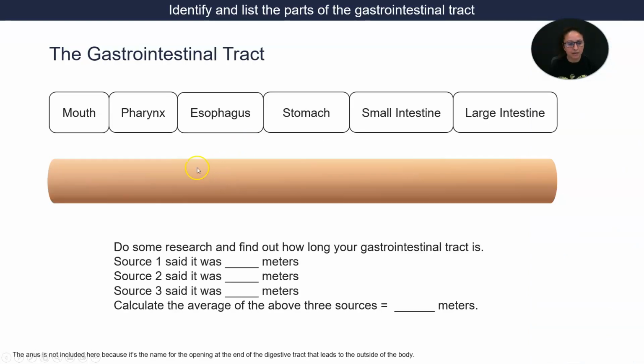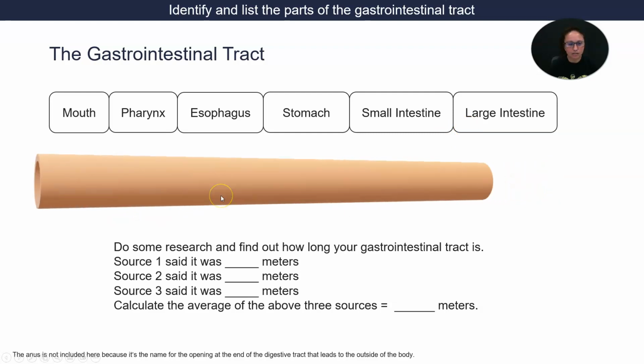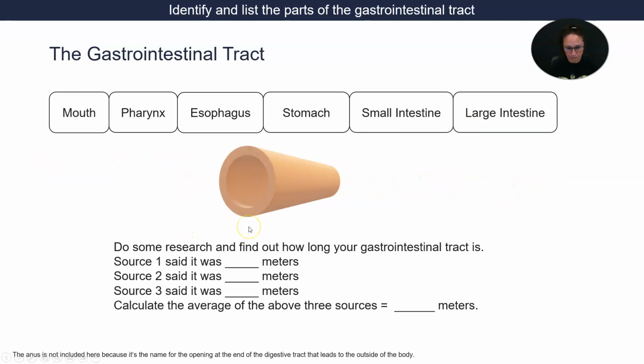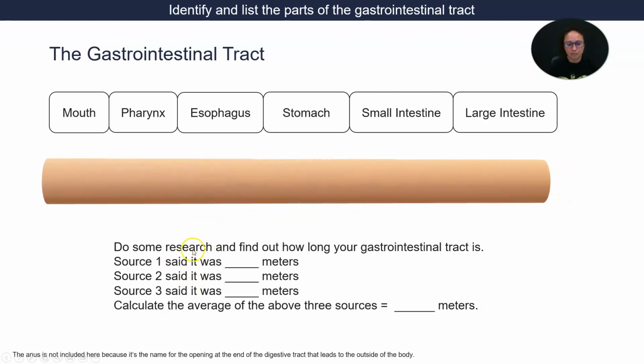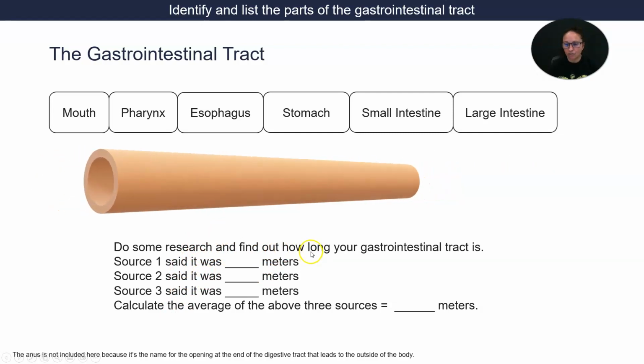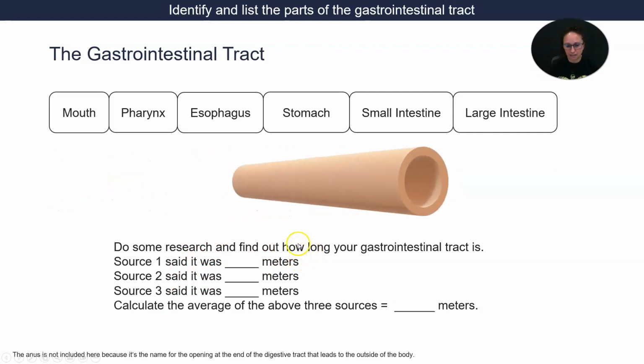So right, here we go. Here is your gastrointestinal tract. Can you see that the gastrointestinal tract has different parts to it? It starts at the mouth and ends at the anus. And as you know, it is one long muscular tube, and I want you to do a little bit of research and find out how long your gastrointestinal tract is.